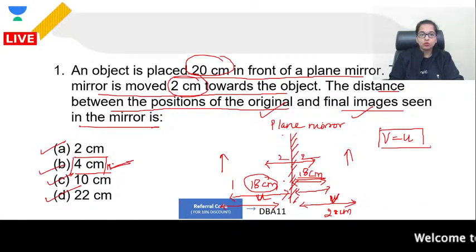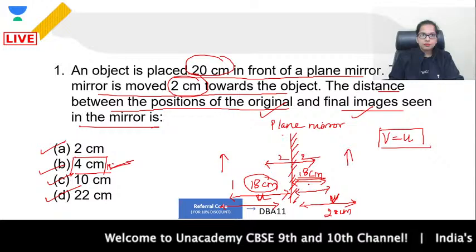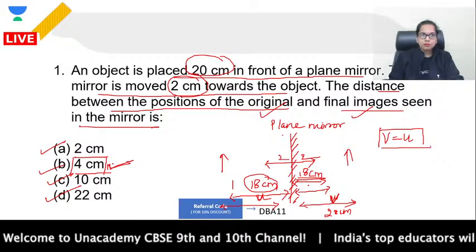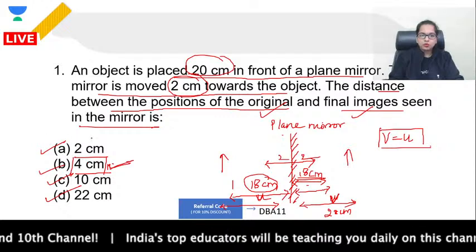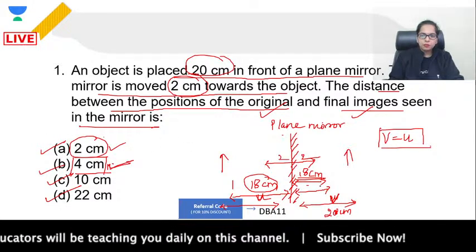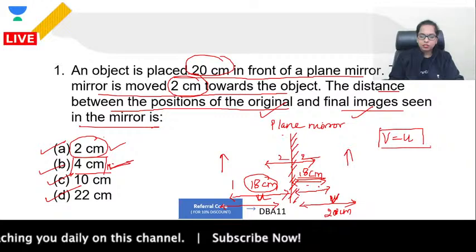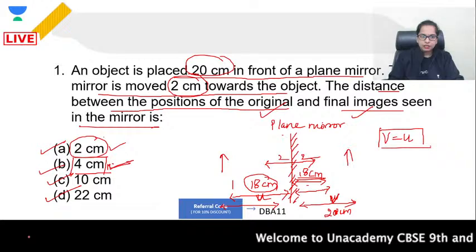It has moved 2 centimeters towards the object. Yes, it should be 2 centimeters, because we will be doing the subtraction, final minus initial. Right answer will be option A only. You are right, Lavanya.